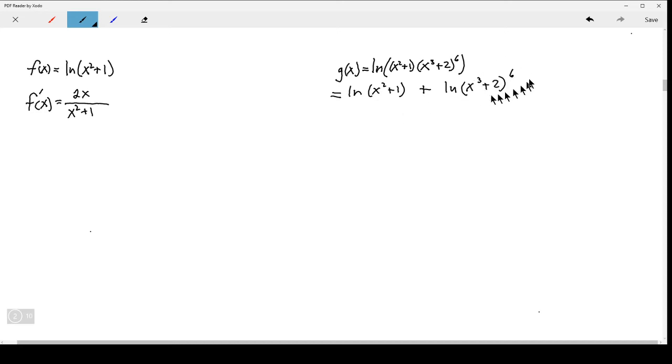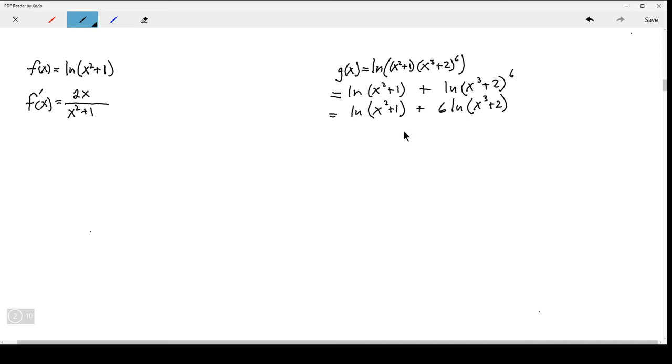Now I'd like to get rid of the chain rule issue that I have with this one. So I have the rule that says if I have an exponent, it can come in front here. All right, so this is going to be ln of x squared plus 1 plus 6 ln of x to the third plus 2.